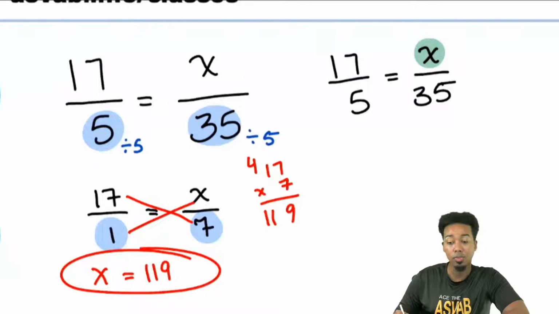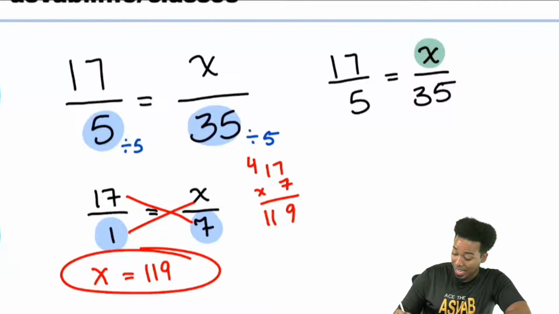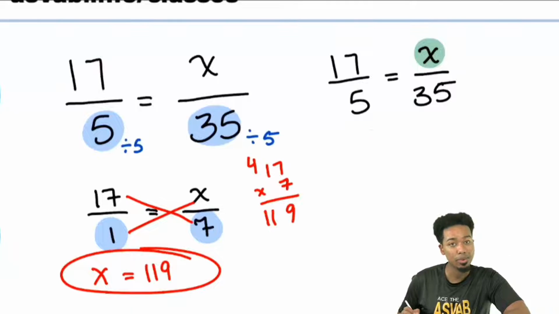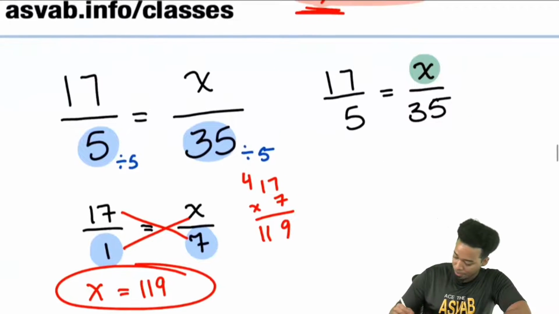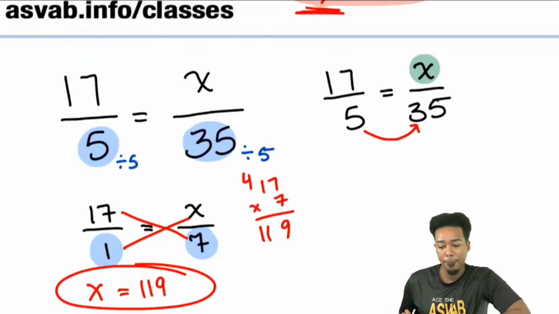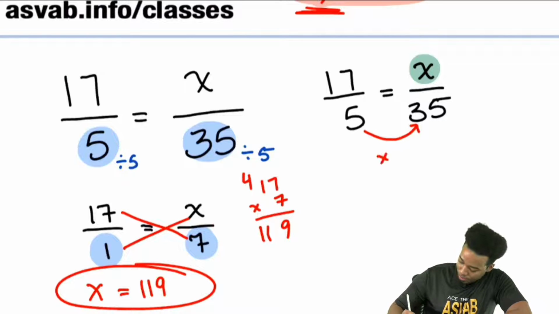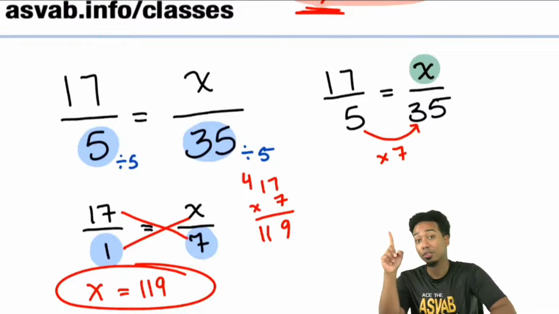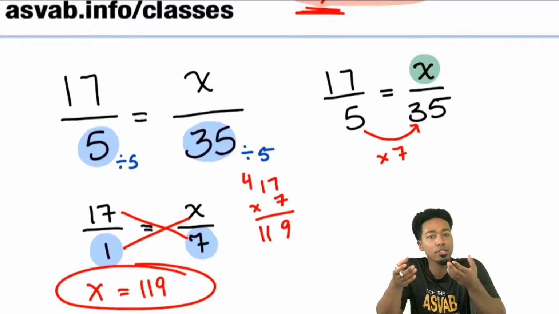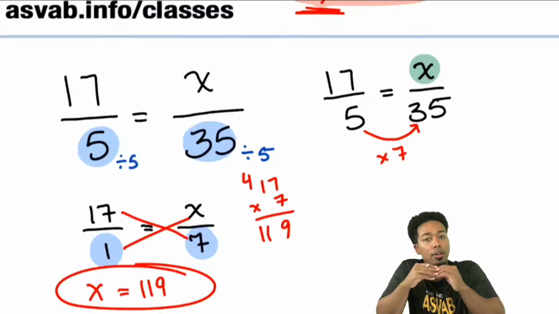And what I notice, my party people, is that I can get there if I go from 17 to x, because 5 to 35 is a very clean example. Look at this. Everybody, how do I go from 5 to 35? Times 7. You go from 5 to 35 by doing times 7. That's the comparison from the left to the right on the bottom.